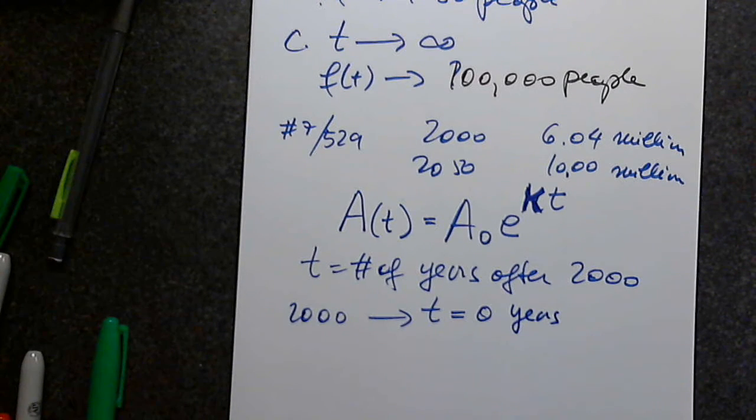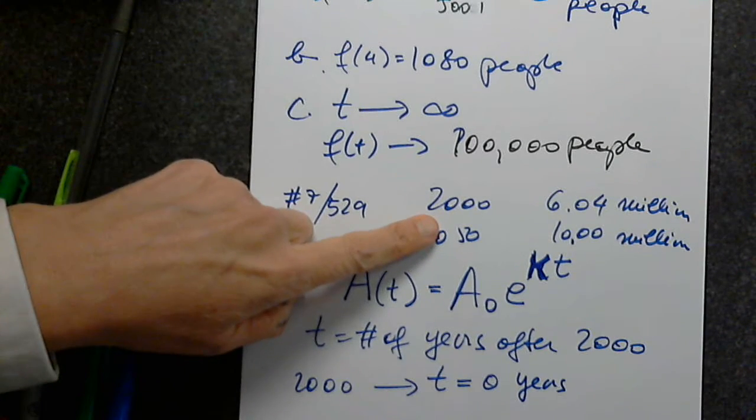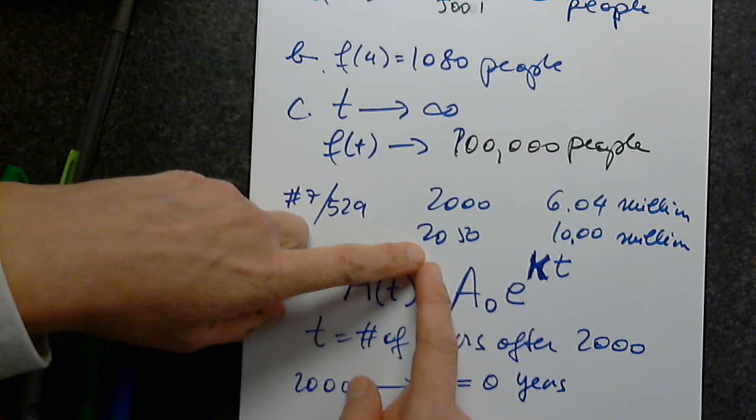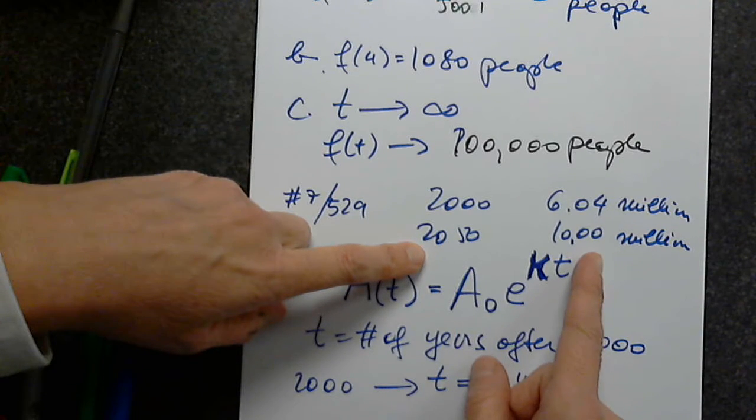Okay, so use the model in which t is the number of years after 2000 to find an exponential growth function that models the data. And then in which year will Israel's population be 9 million? Okay. So we are told that in the year 2000, the population is 6.04, and in 2050, it will be 10.